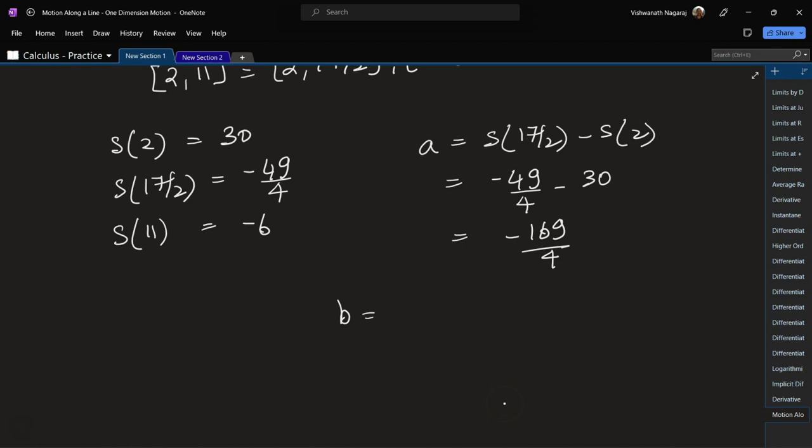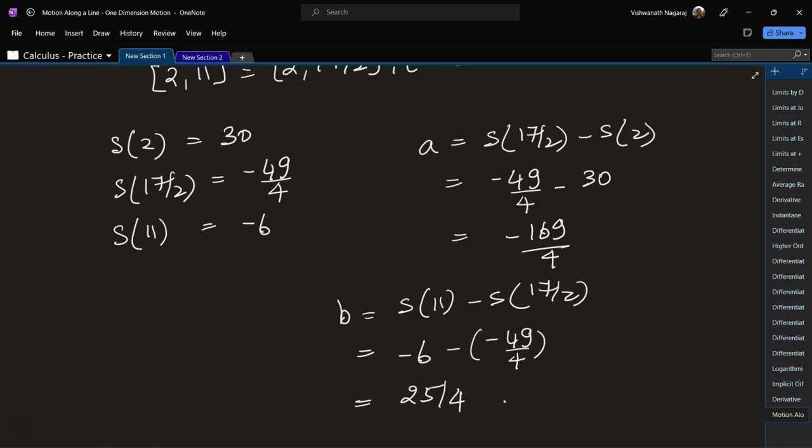And B, that is the displacement in the second interval, is going to be S of 11 minus S of 17 by 2, which gives us minus 6 minus minus 49 by 4, which if we evaluate it, we get 25 by 4.